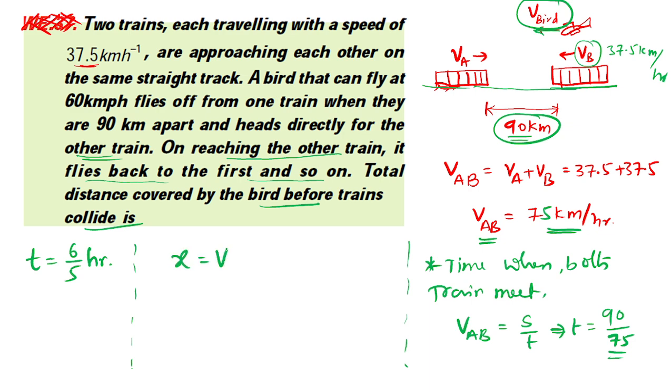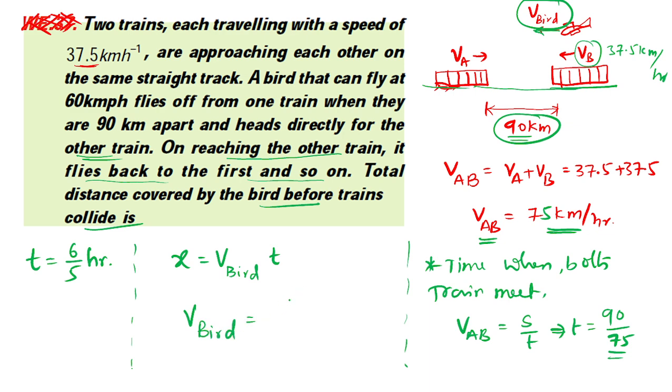So distance is equal to the velocity of the bird into time. We know the time. We don't know the velocity of the bird, which is going and coming back. So what is the velocity of the bird? Distance is how much?